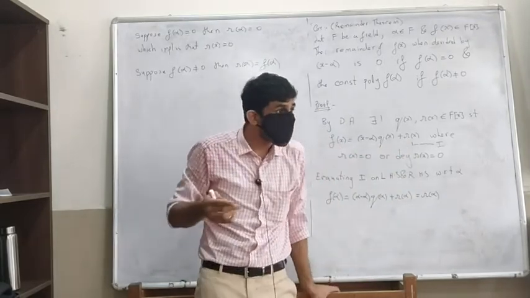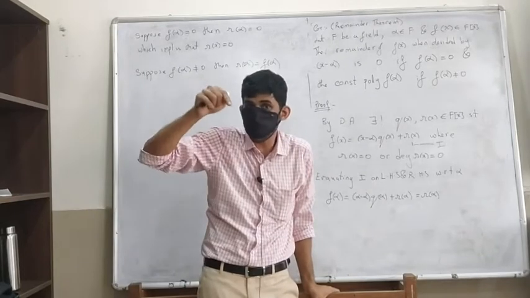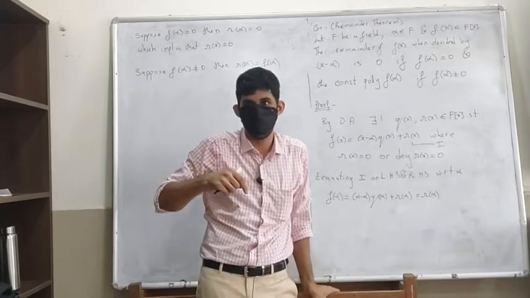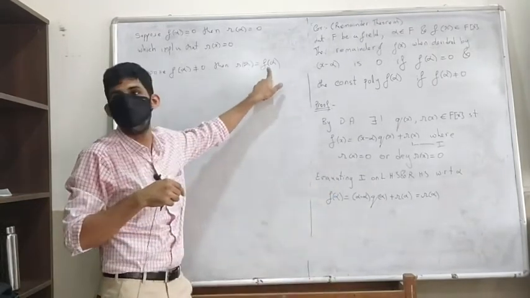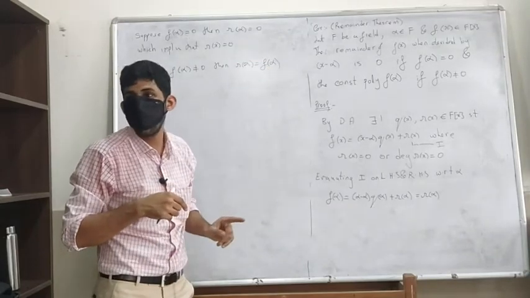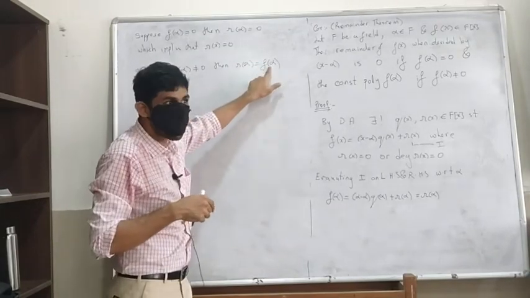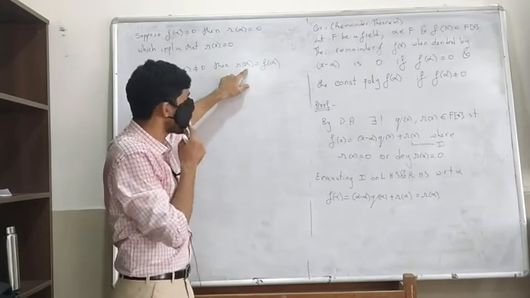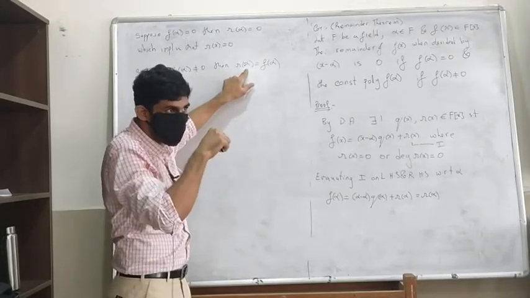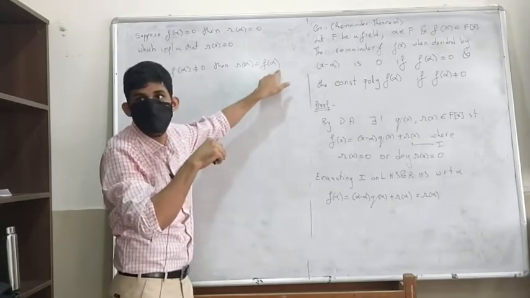Question is, which constant polynomial is it? What is its 0th term? The 0th term has to be f of alpha. Why? Because when I evaluate it at the point alpha, I should get back the 0th term.